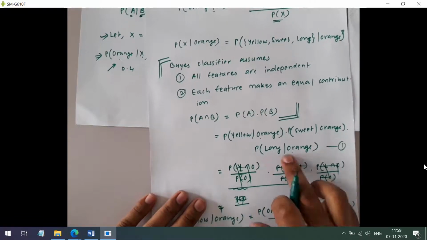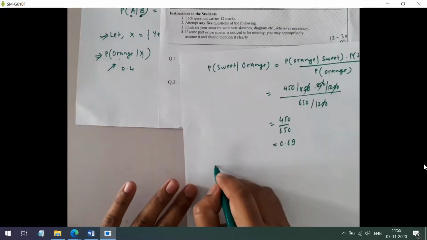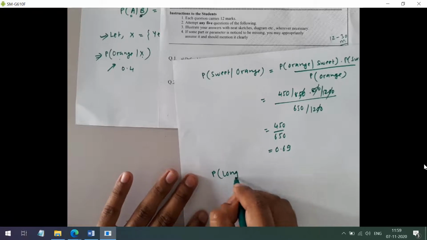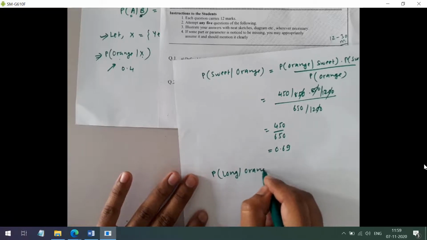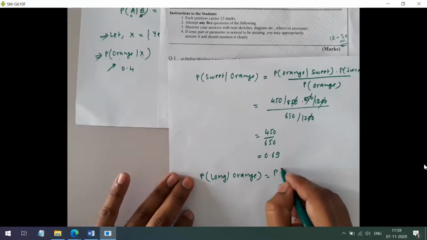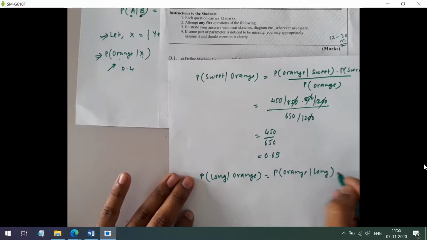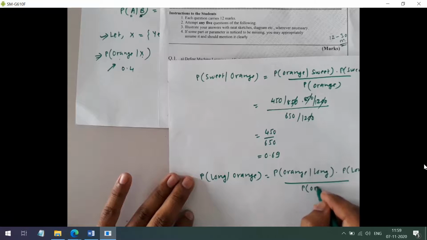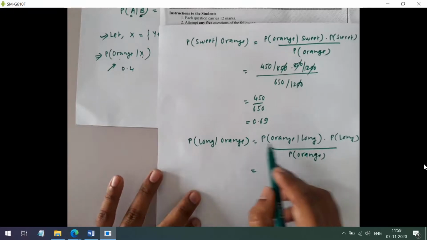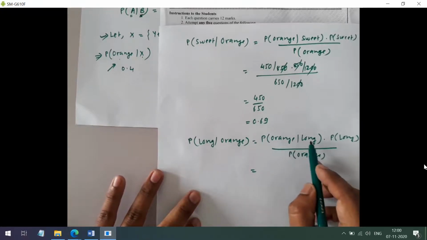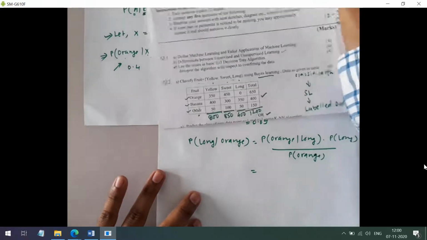So this is regarding the second term. Second term is over. Then the last term, that is probability of long given orange. It is probability of orange given long into probability of long divided by probability of orange. So probability of orange given long: how many long fruits are there? 400.